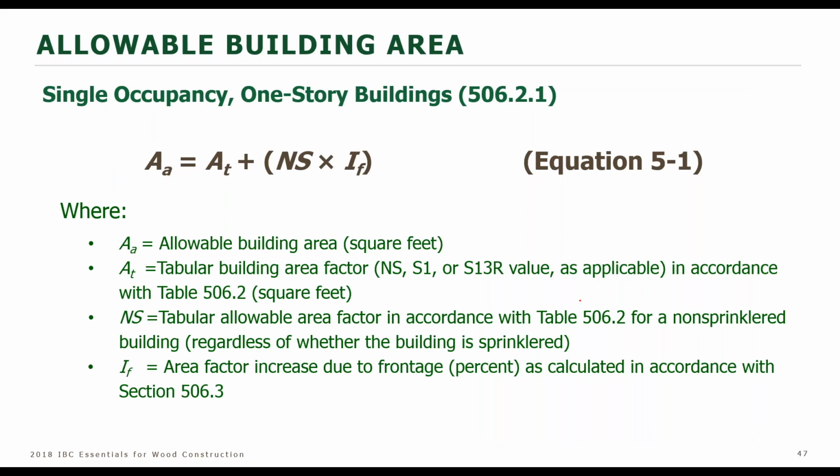You have the basic equation here. This is right out of the code, and you have the variables. What we're looking at here is allowable area per story, right here. This is for single story buildings. We will be pulling from tables in chapter 5. I'll do a quick example. The tabular area per story out of the table, and then it's factored.